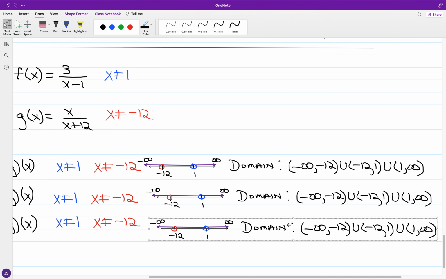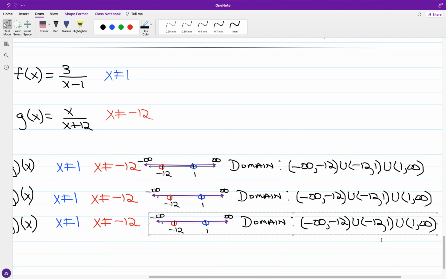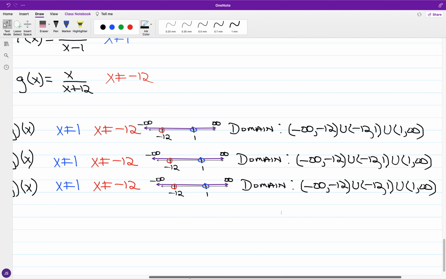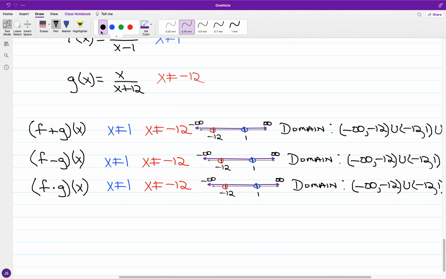And finally, in the case of the quotient function, we can have a distinct domain. In this one case, we have f over g of x. We still had to be able to work with f of x, so x cannot be 1, and with g of x, so x cannot be negative 12.